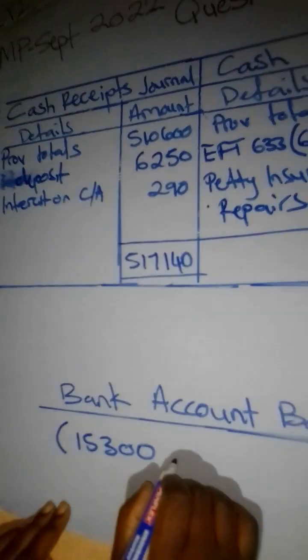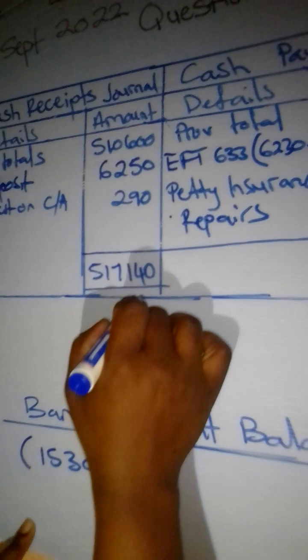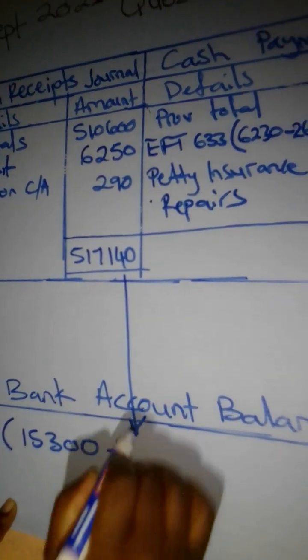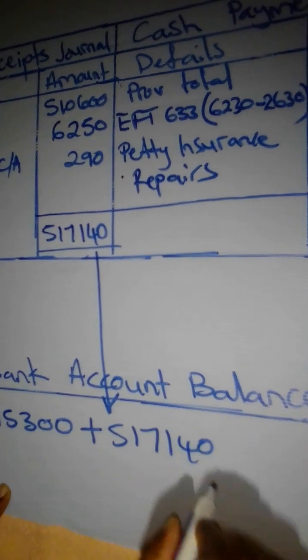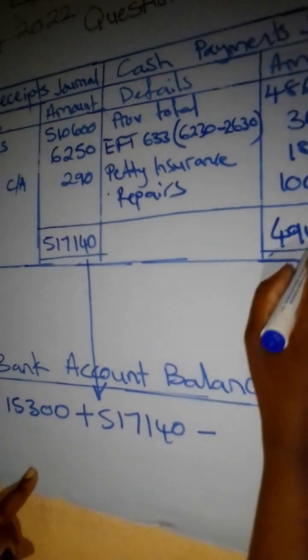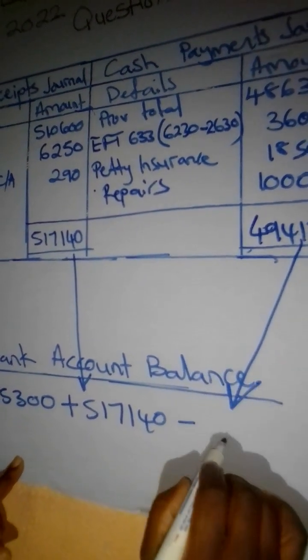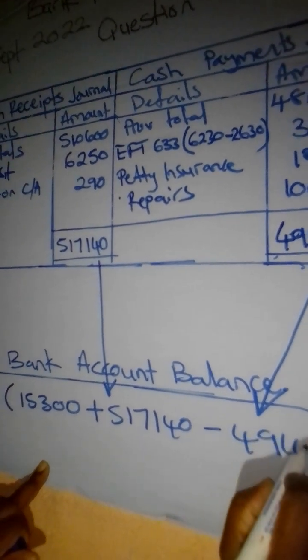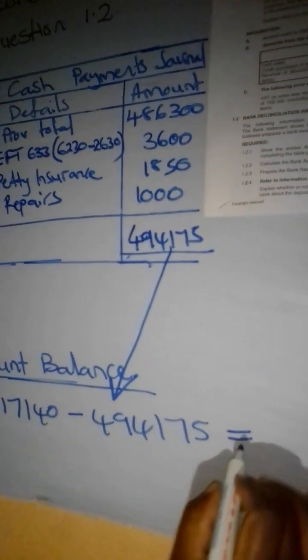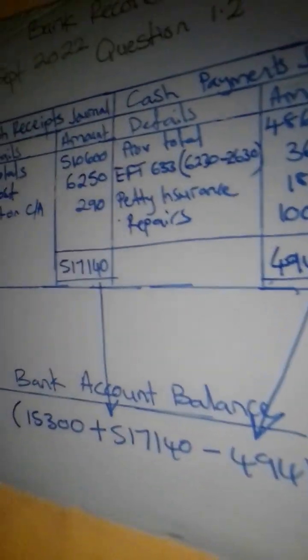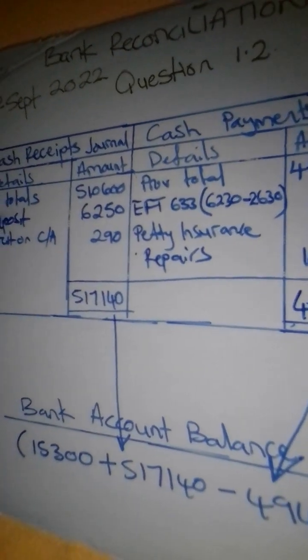15,300 plus the total receipts, 517,140, minus the total payments, 494,175. Let's go to our calculators and find out how much we are going to get.